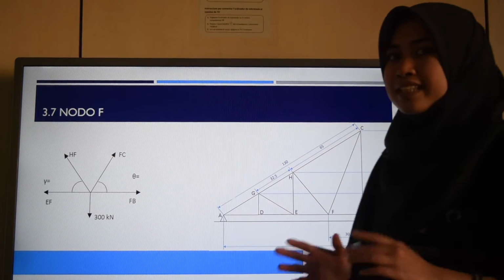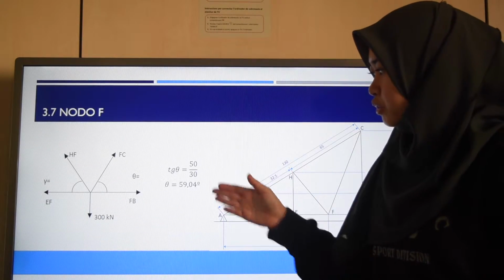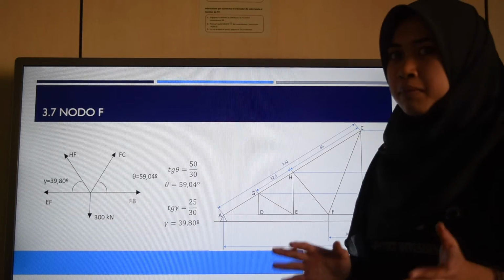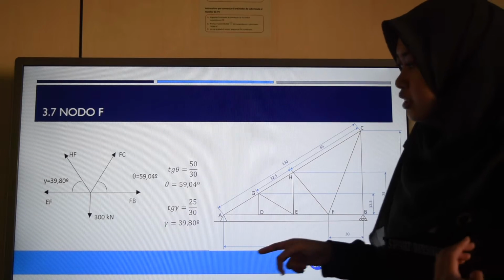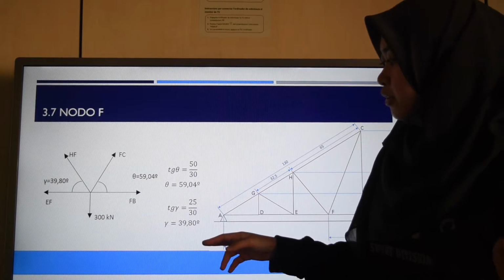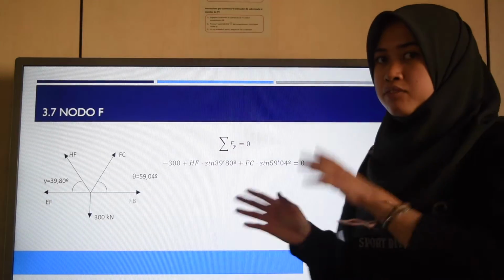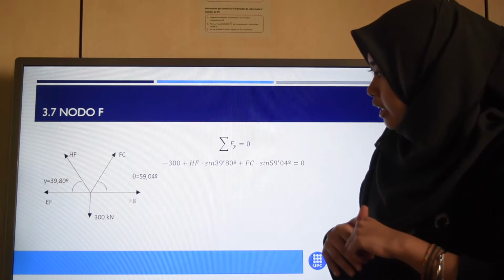Since we already know the distance and the length, we will use trigonometry to find the angle, which is 59.04 degrees. We can also use the same method to find the angle between HF and EF, which is 39.80 degrees.